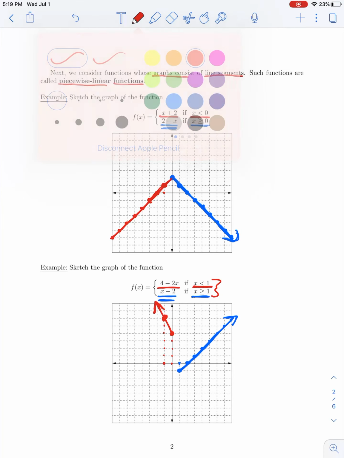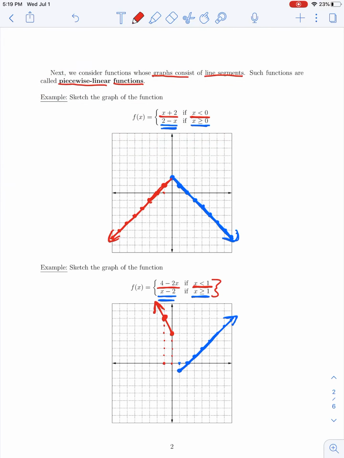For both of these examples, we could keep moving for larger and smaller values of x. Now here, one thing to keep in mind is that our values of x don't need to be integers. So for this first definition, if we're looking at values of x that are greater than 0 but less than 1, we need to keep extending our line.